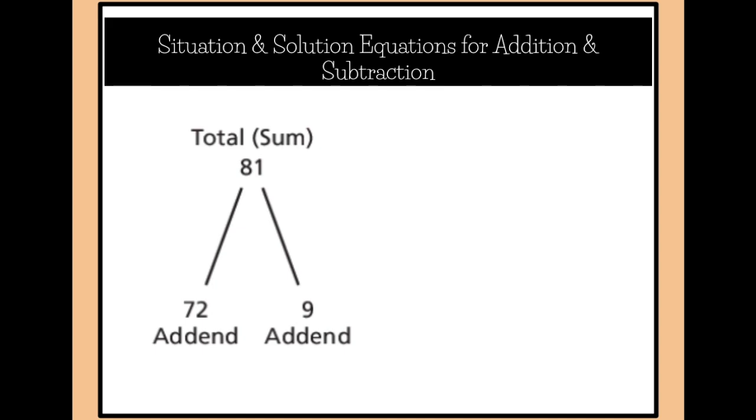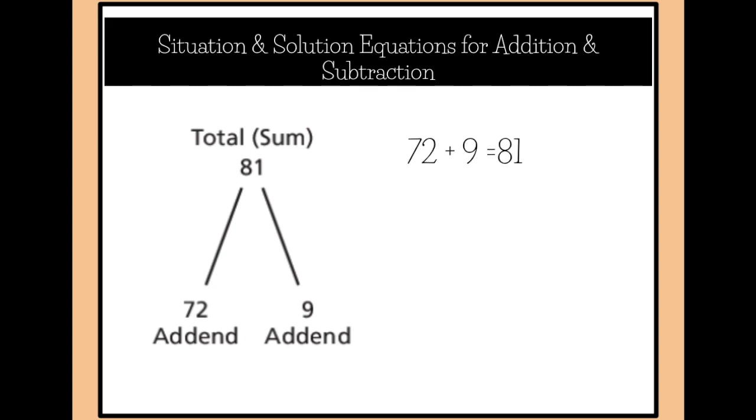At the top of the break apart model, you will see the total or the sum, and at the bottom of the branches, you'll see each addend. In this case, our total is 81, and we have one addend of 72 and another addend of 9. There are several equations that we can come up with to represent this break apart model, but I've decided to show you two.